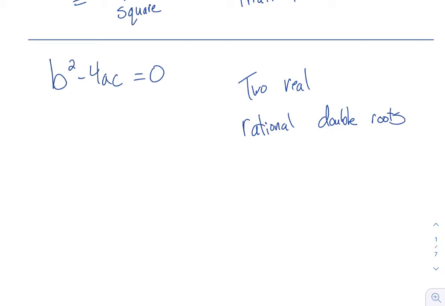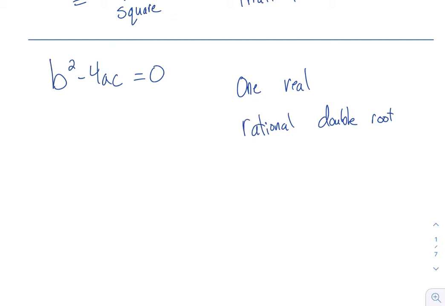I guess you could think of it as one real rational double root. That's probably better. So basically you're going to get one answer that kind of happens twice, because you're going to have that plus or minus 0. Plus or minus 0 is the same thing. And since 0 is a perfect square, it will also be a rational number.